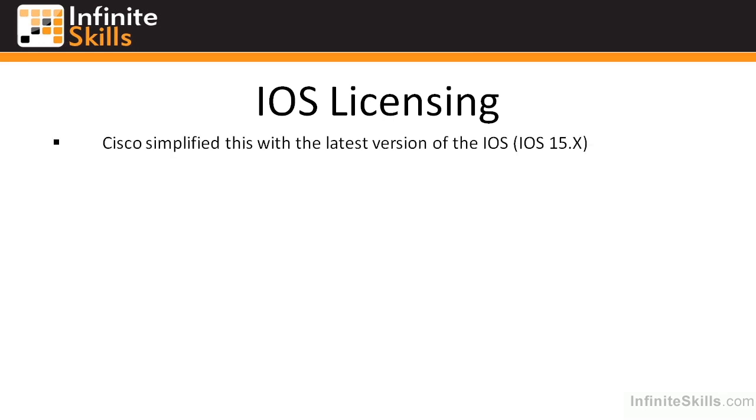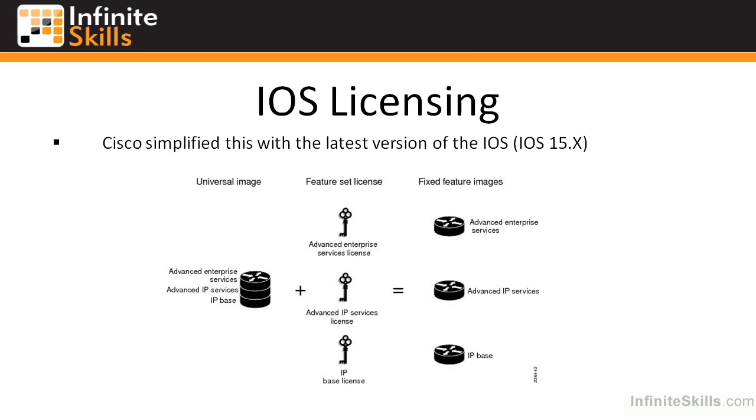With the latest version of the iOS, it's the iOS 15.x train, they have changed all of this to allow for feature set licenses. As it sits now with the iOS 15.x, you have a single universal image that has all of the abilities built into it: advanced IP services, IP base, voice, gatekeeper, gateway, SSL VPN. Everything you can think of is built into the image.